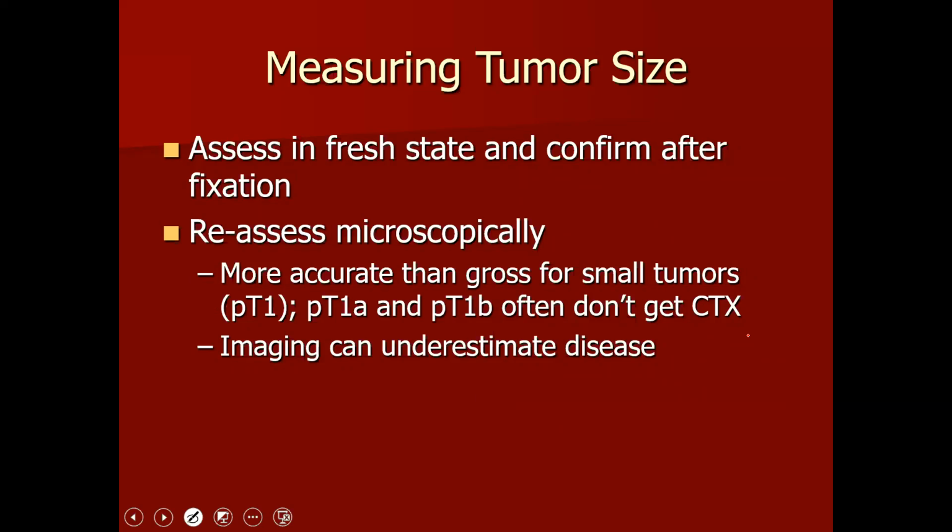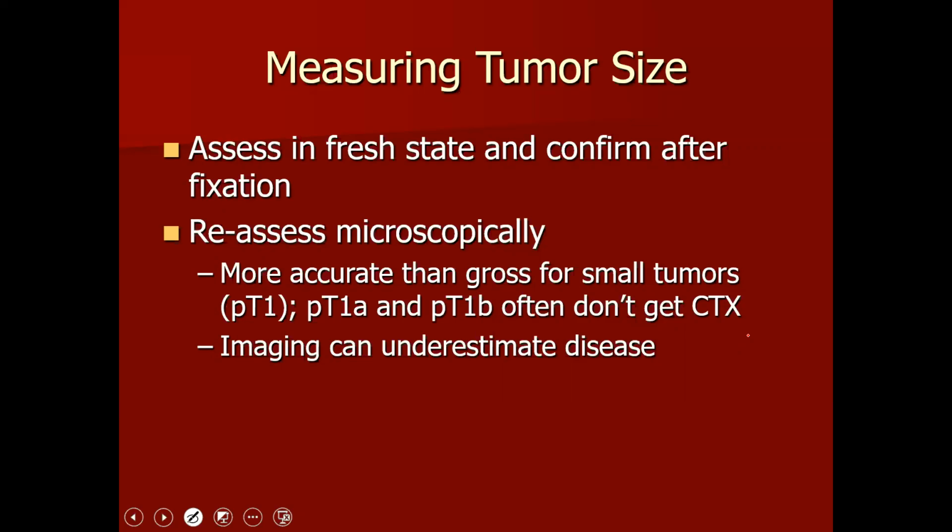If possible, we want to assess the tumor size in a fresh state. So we locate the tumor and take measurements while it's fresh. And then we confirm that that's indeed the tumor size that we'd like to report on a gross level after fixation. Sometimes when you fix the tissue, things become a little more apparent, so we want to reconfirm that size after fixation.